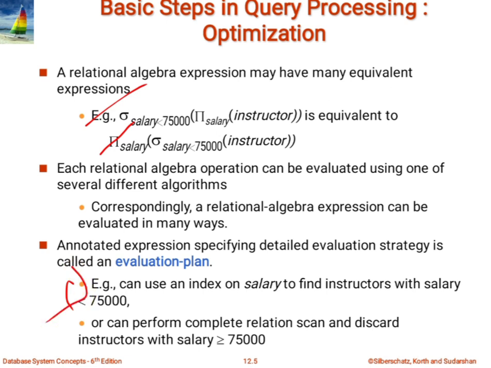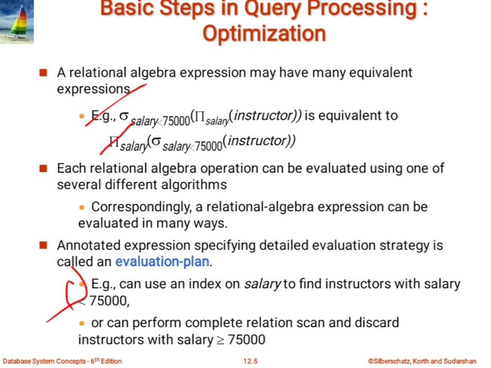You can use an index on salary and find the instructors with salary less than 75,000. This is the direct method which I am going to apply. Depending on the available indices, I will check only those instructors who have a salary less than 75,000. This is the optimized one.